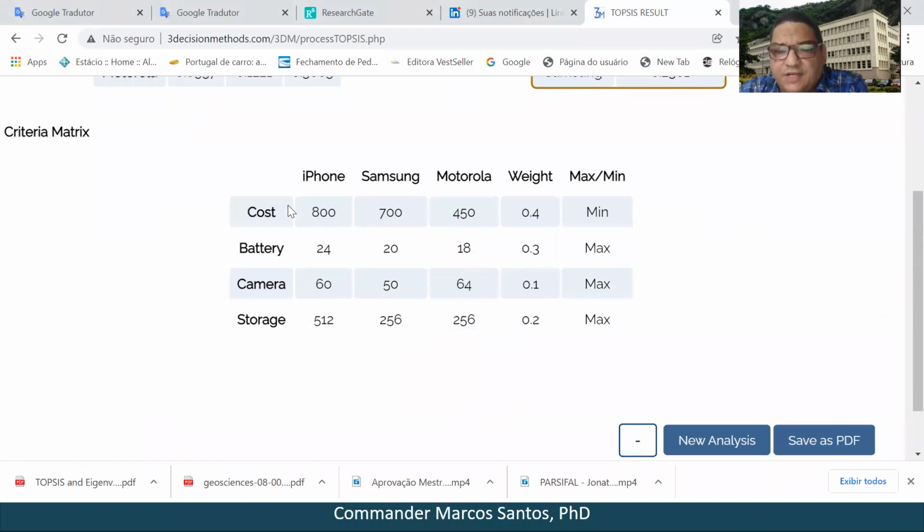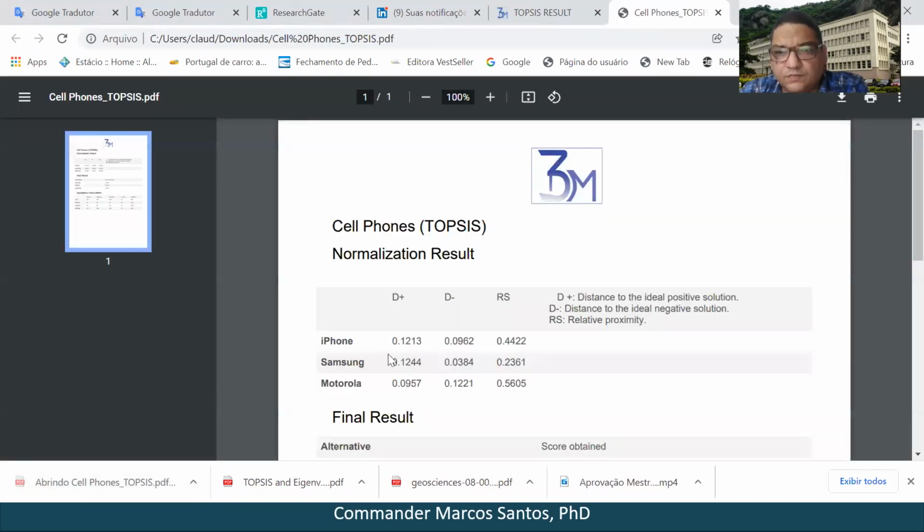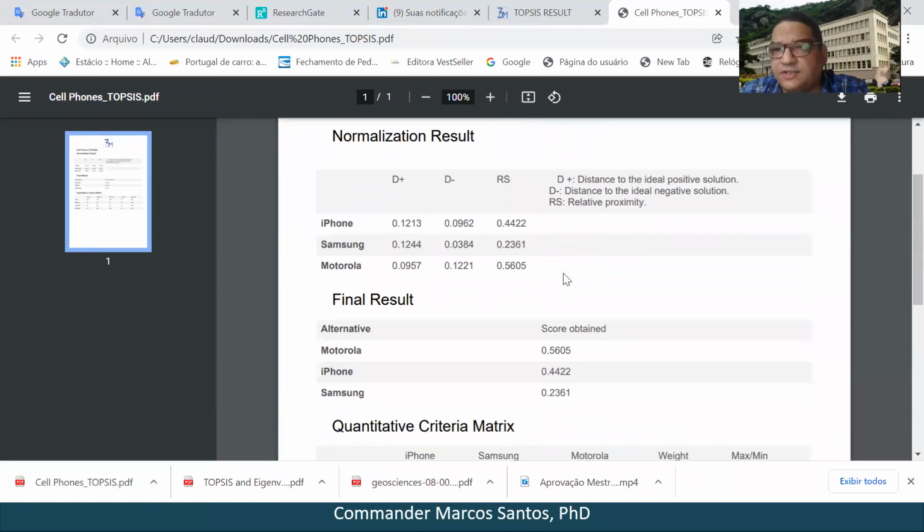You can see the decision matrix with the weights. And if you click on save as PDF, you can save your project and see it another time.